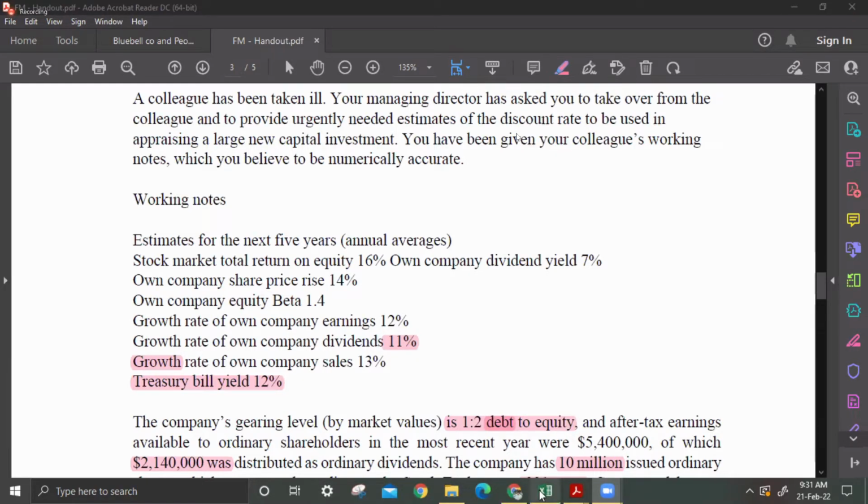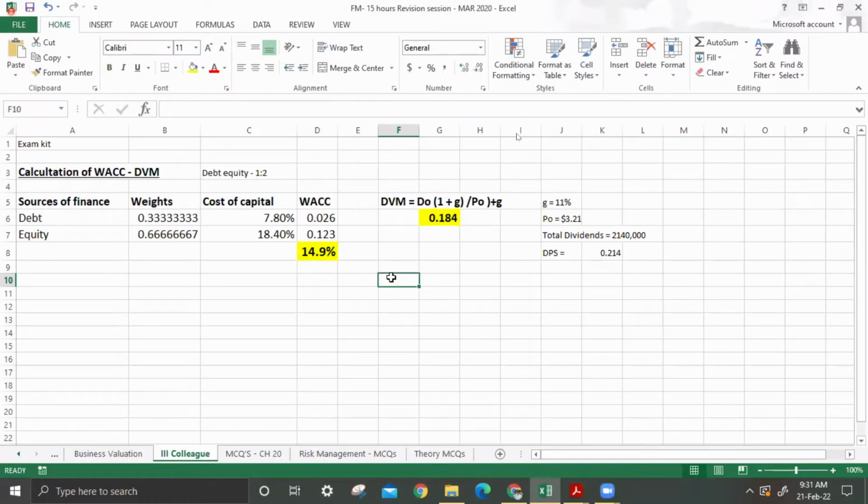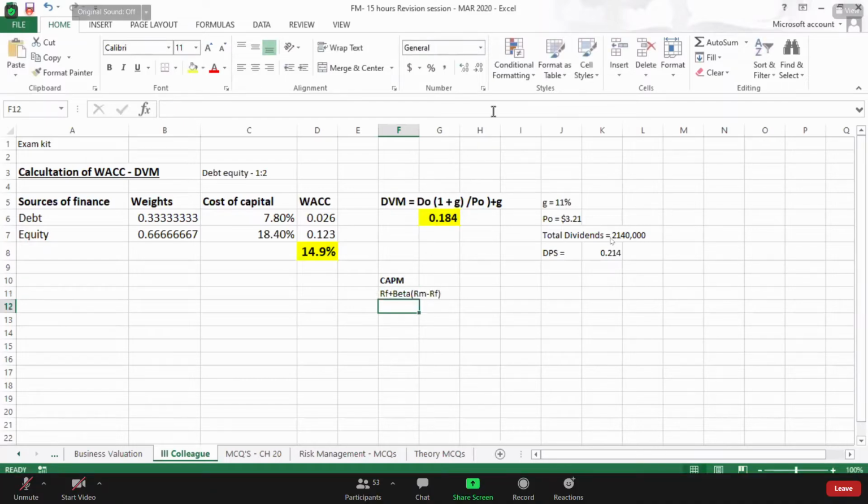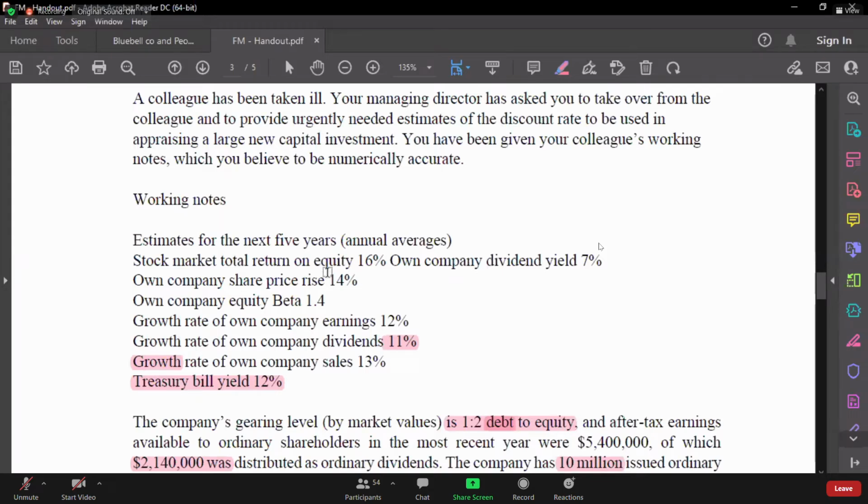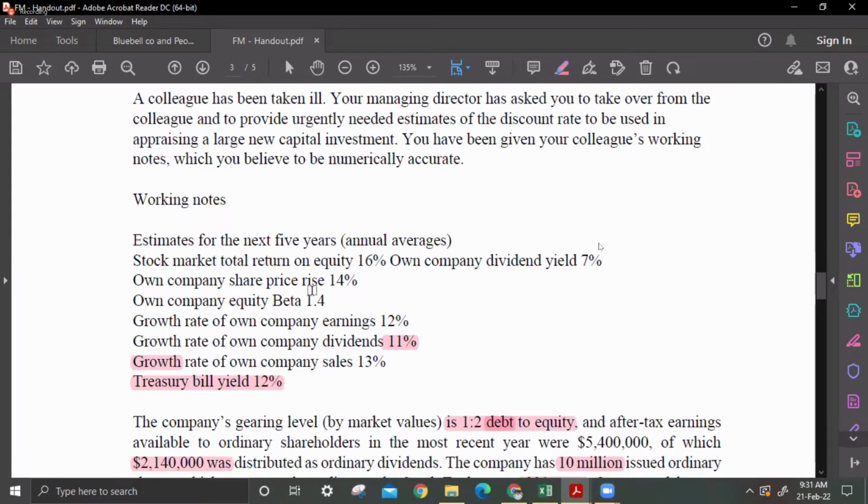Very good. So if I'm using CAPM, it is RF plus beta into RM minus RF. Correct? So how much is your RF? Risk-free, 12. Beta is 1.4.